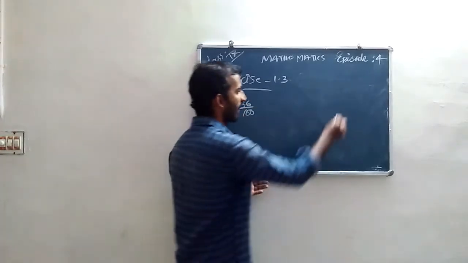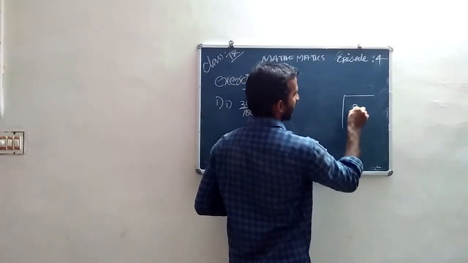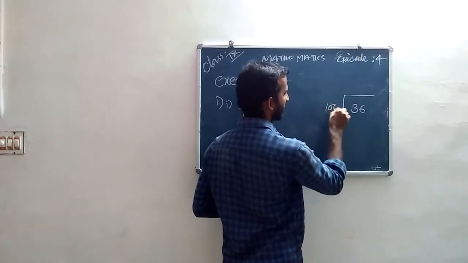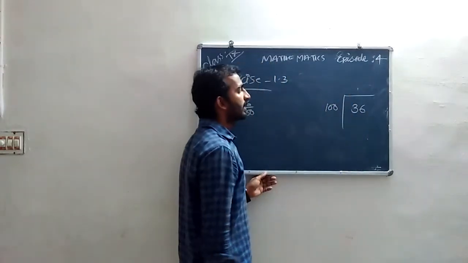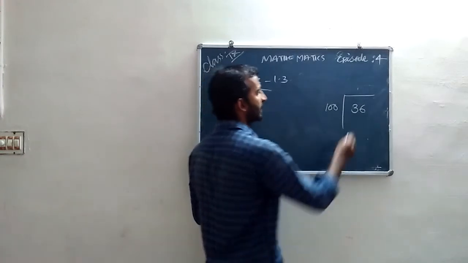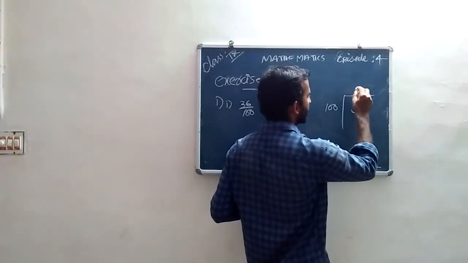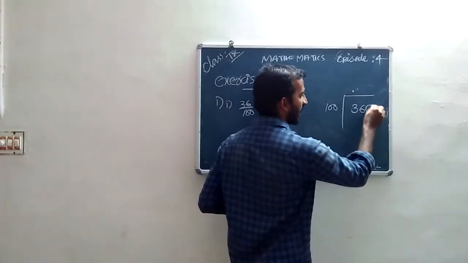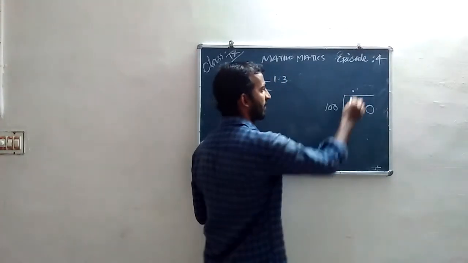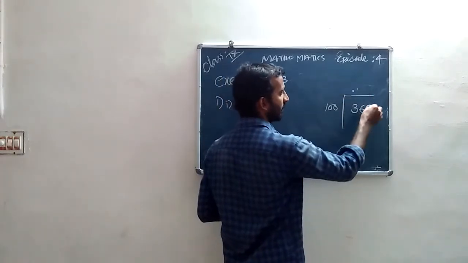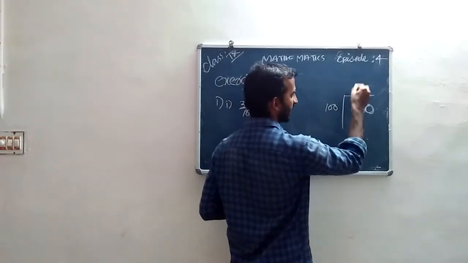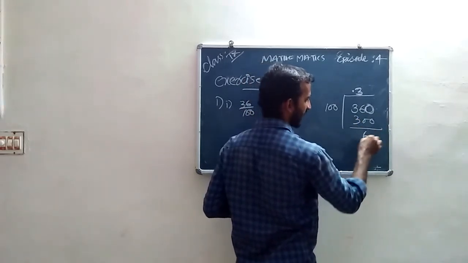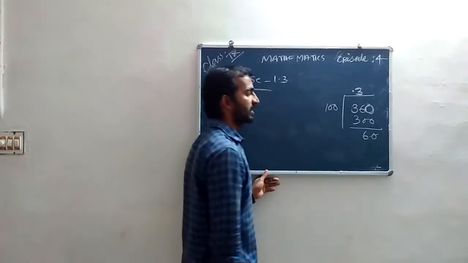We set up the division with dividend, divisor, quotient and remainder. We get 0, and when we put the point, we add a 0. That is 300, and 60 is the remainder.